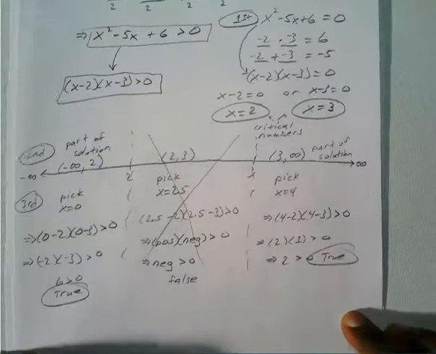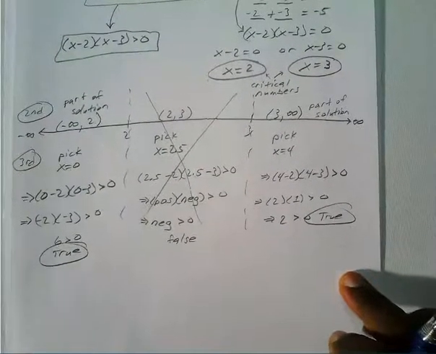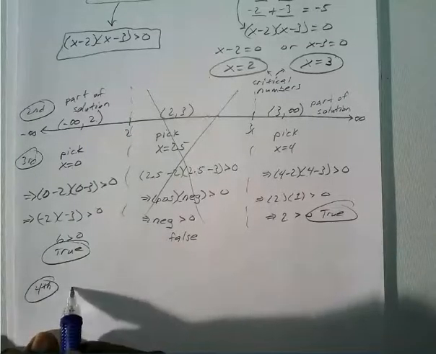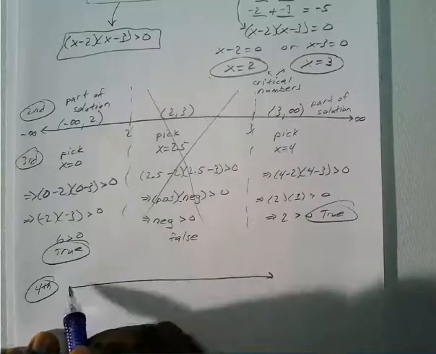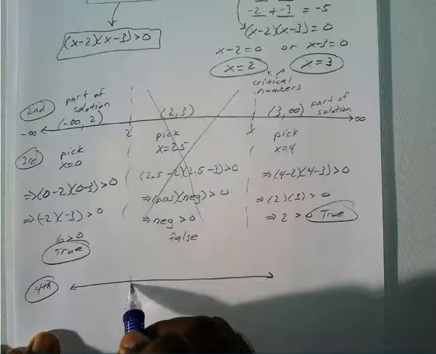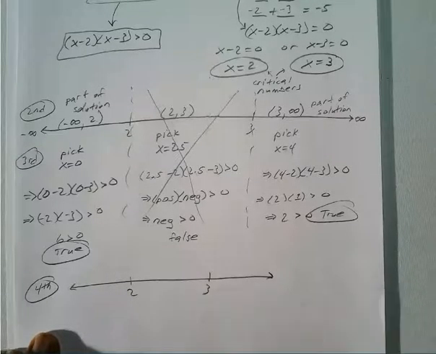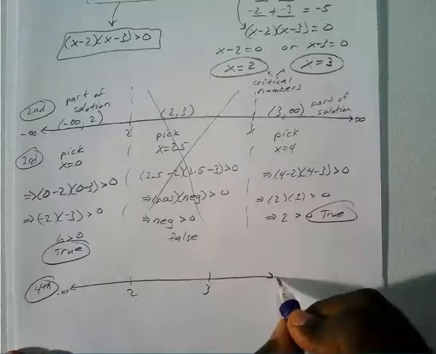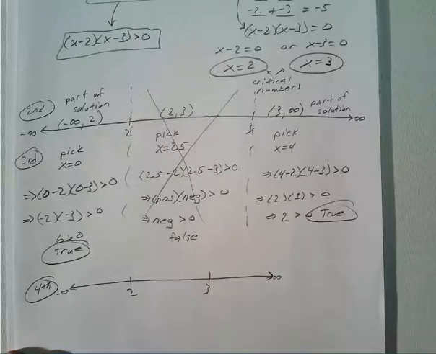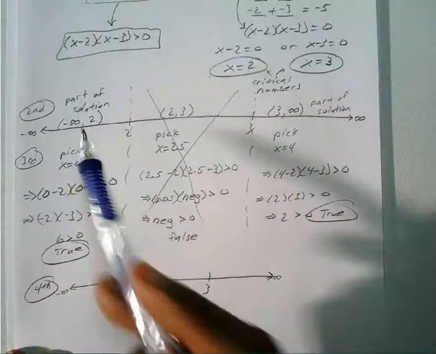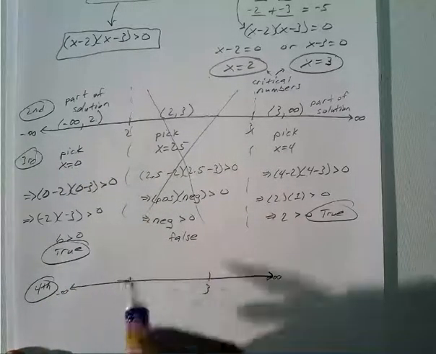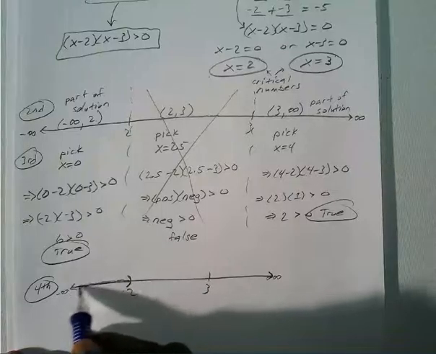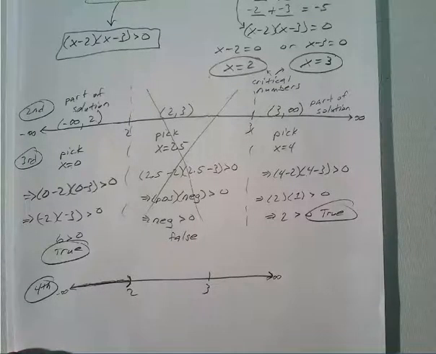So that brings us to our fourth step, which is putting all of this together. If we were going to graph our solution, putting down our critical points from negative infinity to infinity, we know from negative infinity to 2 is part of the solution, so we put our parentheses, and from negative infinity to 2.